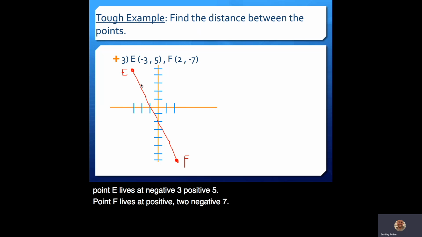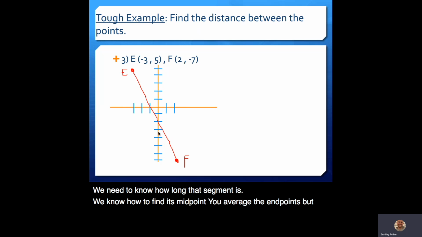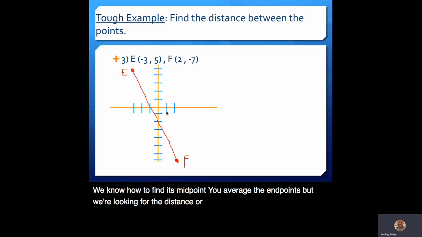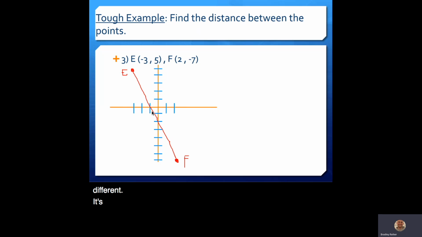We need to know how long that segment is. We know how to find its midpoint. You average the endpoints, but we're looking for the distance or the length of the segment. That's different. It's not horizontal. It's not vertical. We're not going to be able to count its length. So we need a different set of skills.